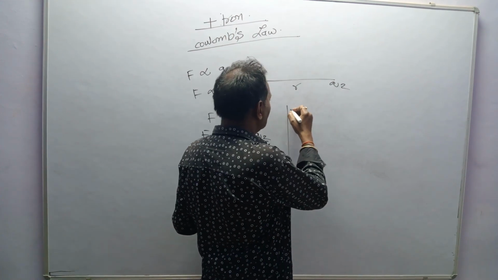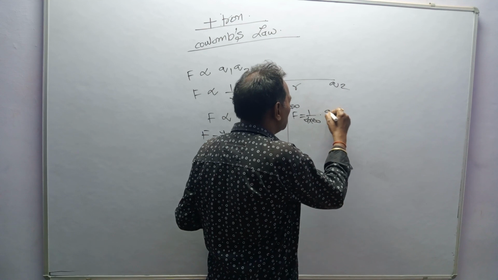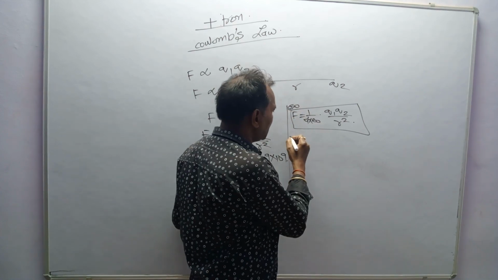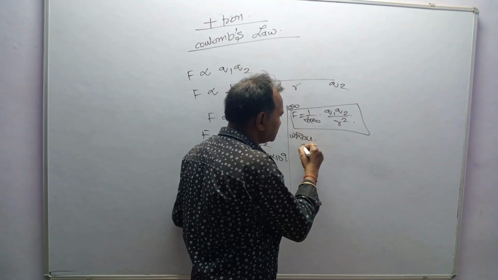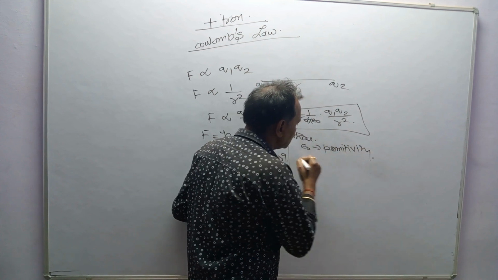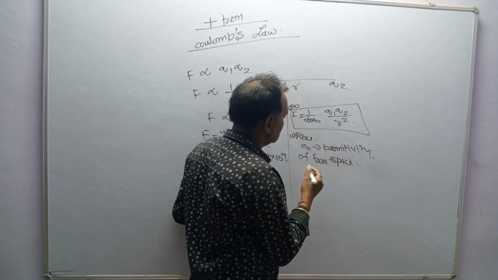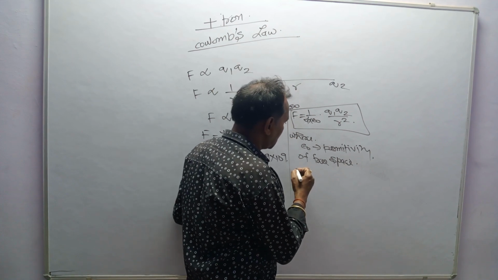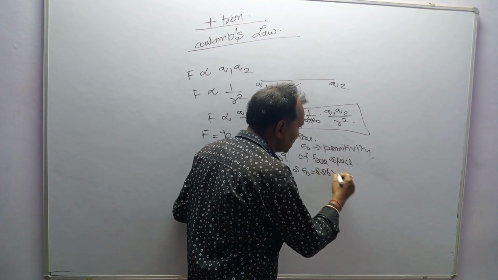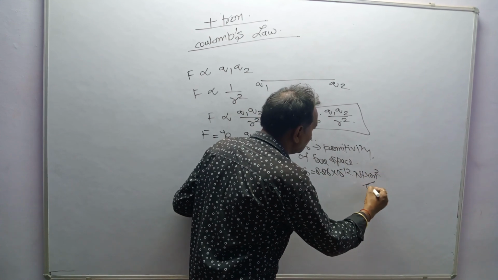So F becomes 1 upon 4 pi epsilon naught Q1 Q2 over r square, where epsilon naught is called the permittivity of free space, and its value is 8.86 into 10 to the power minus 12 Newton into meter square over Coulomb square.